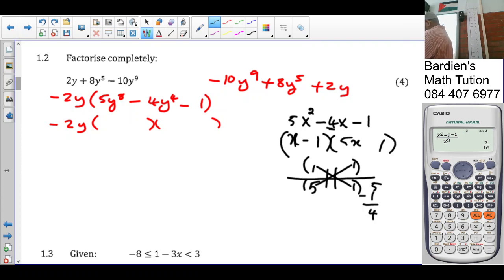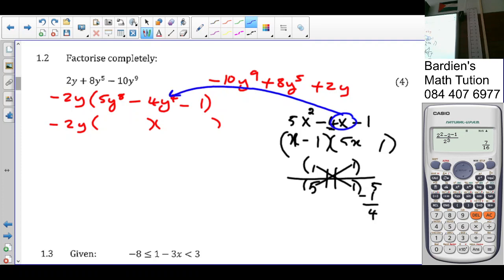Now what do we have in x's place? y to the power 4. So in other words, if you have y to the power 4 there, then I would have y to the power 4 squared, which is 8, which is that one there. So that is fine.